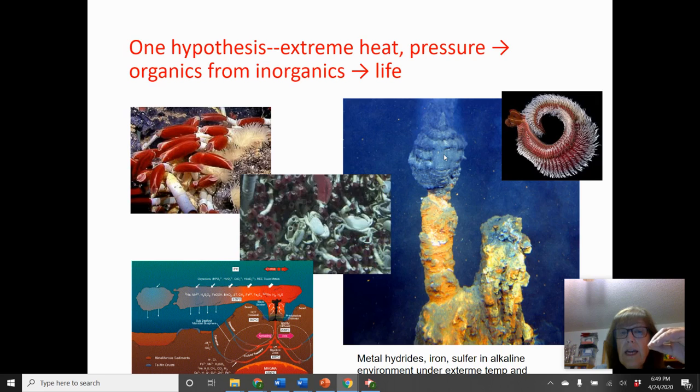So these inorganics are producing food, for example, for other organisms, like these Riftia worms. They look kind of small in this picture, but they can actually get up to be about 6 feet tall and about a good foot around. What you're looking at here is the hemoglobin within their modified gills.